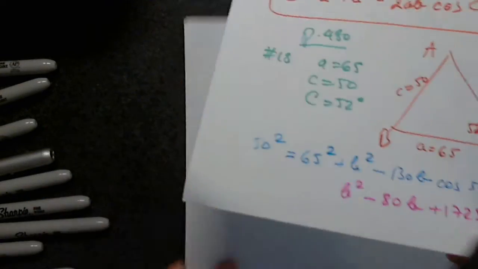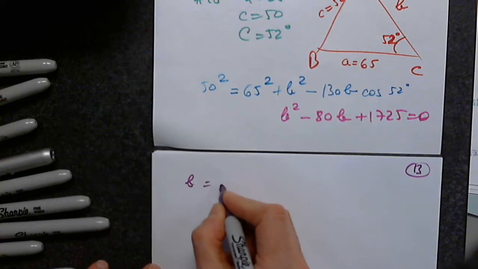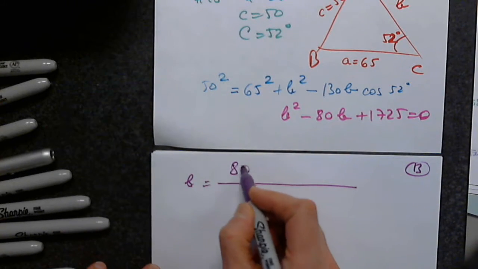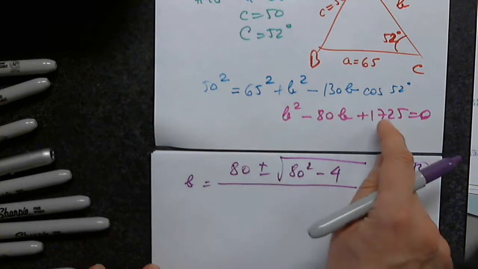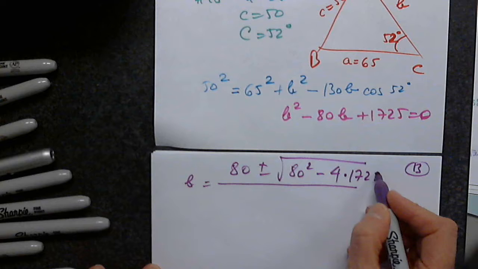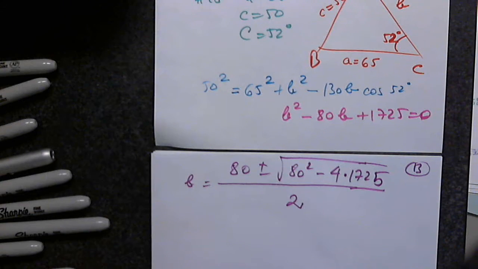And now I have to put these numbers in the quadratic formula. Negative B plus or minus the square root of B squared minus 4 times 1 times 1725 over 2A, which is 2. Is this okay? So with the graphing calculator, put parentheses around the top, parentheses inside the square root.